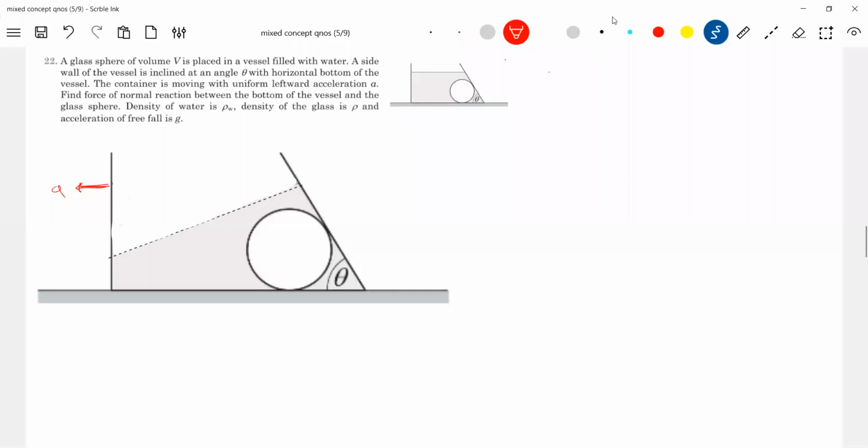With uniform leftward acceleration, the free surface should align itself. Theta is that particular thing. So here this will be alpha. What is alpha? The angle made by the free surface with the horizontal.